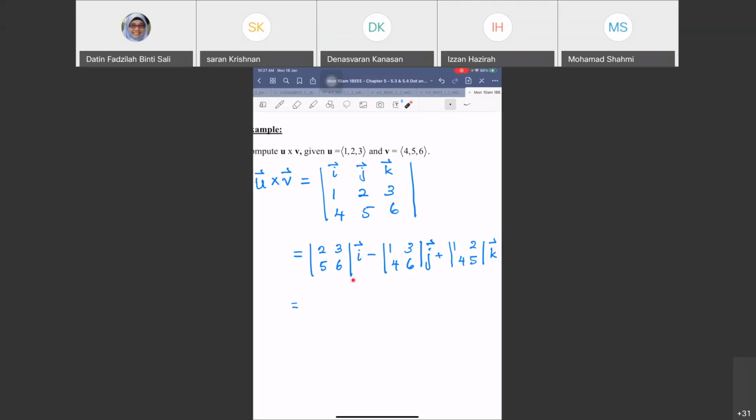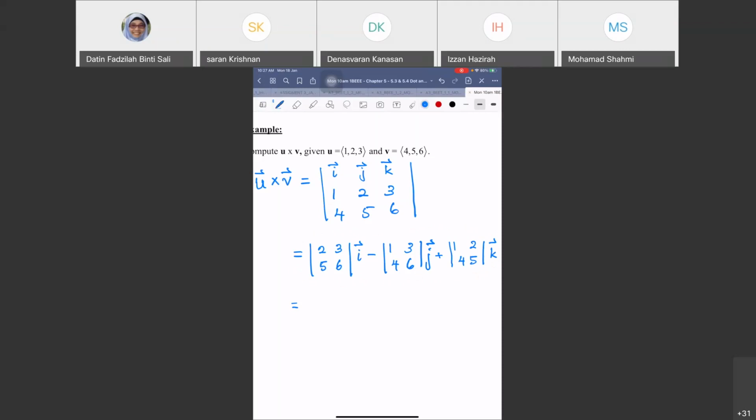So you must show this, because the method is similar to finding a 2 by 2 determinant, and you must make sure you write it correctly. Then only make sure you compute correctly.